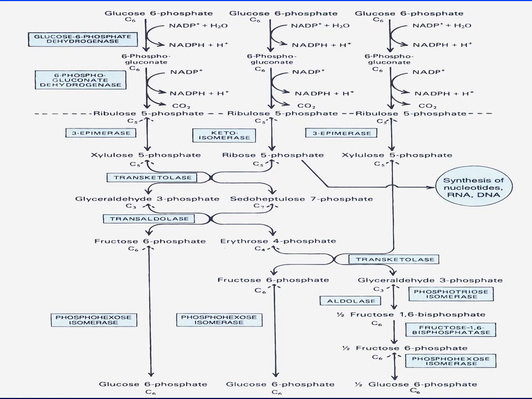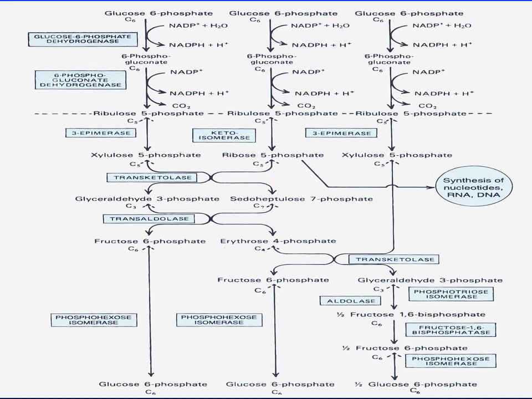Now, the reason why is that once we get down to ribulose 5-phosphate, the non-oxidative phase of these pathways is basically a series of rearrangement reactions, shuffling the carbons around until we get the molecule back into its original glucose 6-phosphate form.